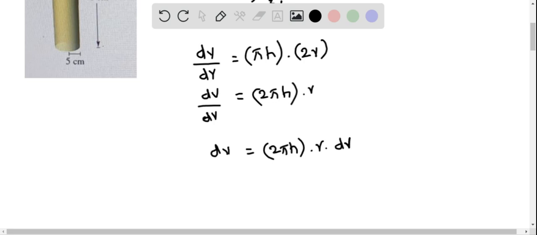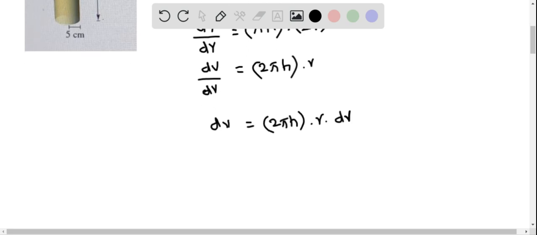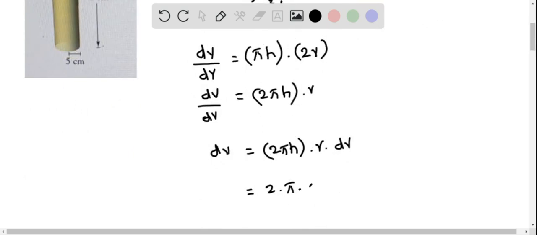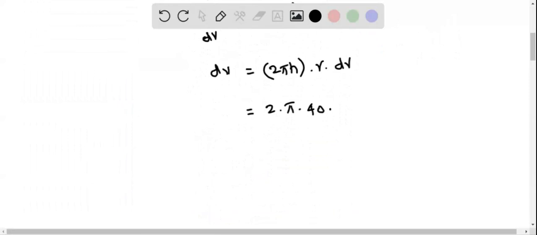Now we will plug in the values of h, r as well as dr, so that we can determine the approximate volume of the shell. And so this becomes 2 times pi times h, which is 40 centimeter. I put only the numbers, that is 40. Radius is 5 centimeter, I write down 5.